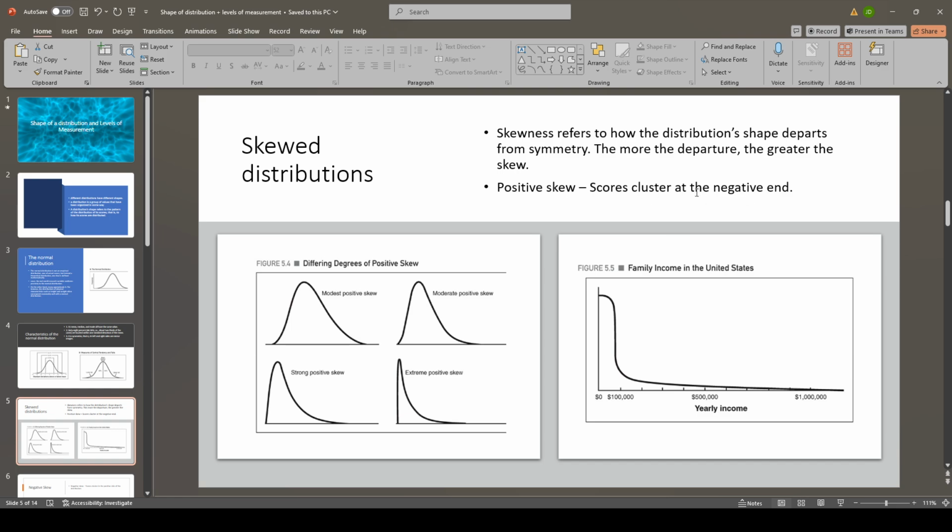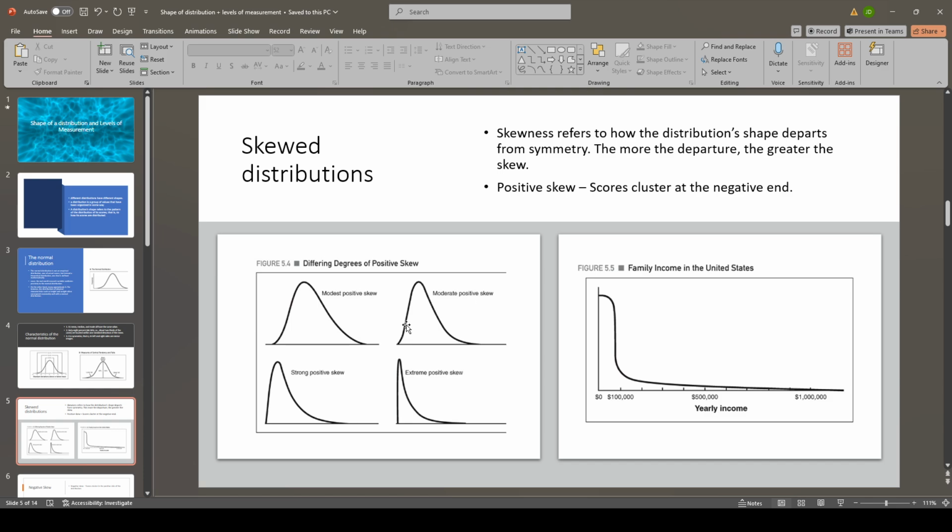Therefore, positive skew, okay? It is an extreme positive skew for income. Again, about 95% of the U.S. population makes 100 grand or less, right? And as you move towards $1 million a year, you start seeing fewer and fewer people make that.